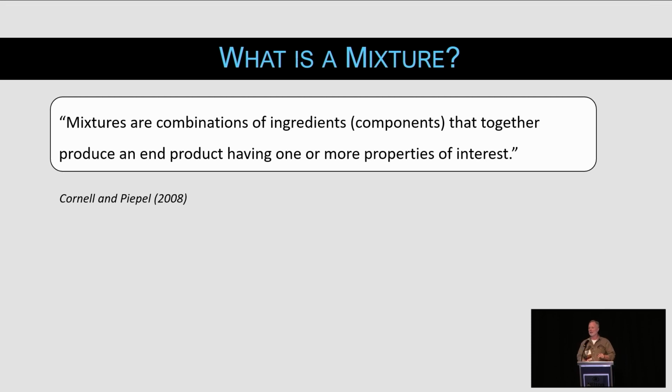So the very high-level definition of a mixture, from Cornell and Piepel, two major contributors, statisticians in the mixture design literature, is they're simply combinations of ingredients or components, which is the statistical term for the ingredients in a mixture. They're called components. I'm going to talk about that later. And these are combined, and the resulting product is something that has useful properties.